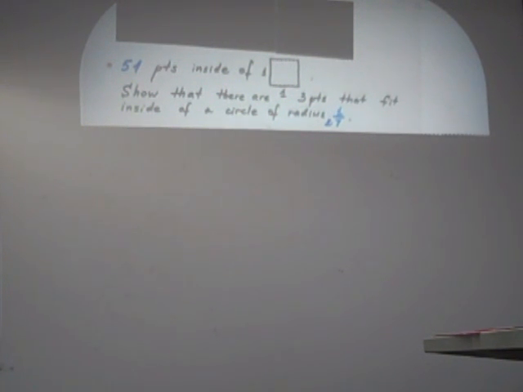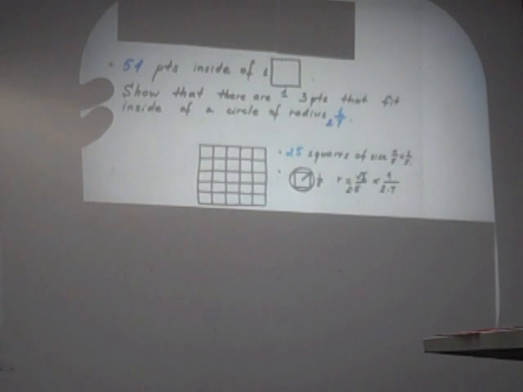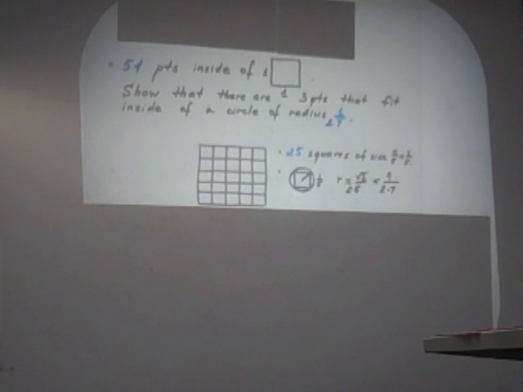Hopefully someone will realize that you need to cut up your big square into 25 squares. If you were to have only 50 points, then you wouldn't be able to say that there are 3 inside of a square, right? And then each square can be conveniently covered by a circle of appropriate radius. So you will have a circle of the radius that you need with 3 points in it.